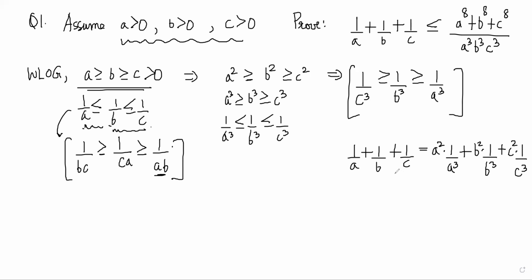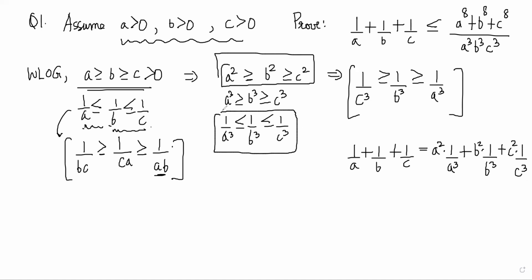So we have two sequences, A², B², C², and 1/A³, 1/B³, 1/C³, right? Okay. So A² into 1/A³ is the reverse order sum, if you think about it. This is reverse order sum of these two sequences, because A² is the largest term and 1/A³ is the smallest term. So you're multiplying largest and smallest. This is a reverse order sum.